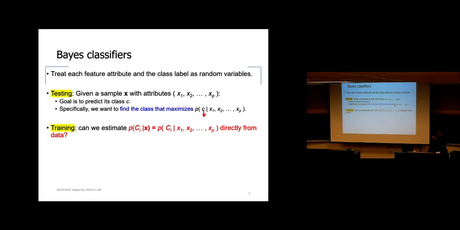During training, you want to figure out how to estimate this from data. This is the question. More concretely, different kinds of Bayes classifiers use different types of formulations to model the conditional probability.